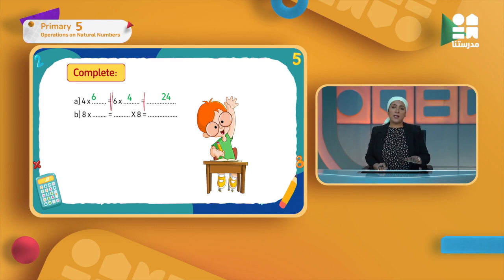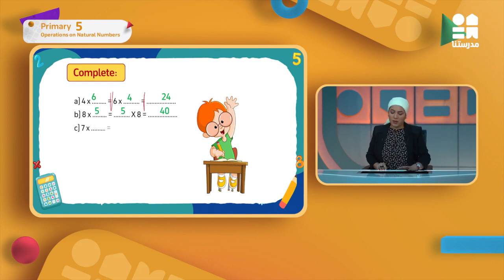Okay? أي number هحطه هيبقى صح. 8 times 10 equals 10 times 8, 8 times 2 equals 2 times 8, whatever the number that I'm going to put is accepted. So here 8 times 5 equals 5 times 8 equals 40. أو I can go على طول لماي neutral element اللي هو ال 1. 8 times 1 equals 1 times 8 equals 8.